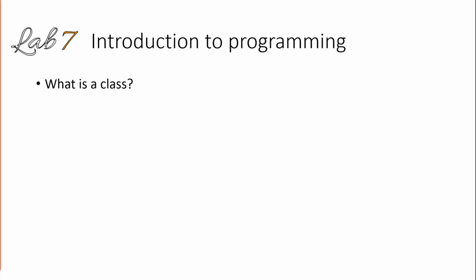So what is a class? As we mentioned earlier, a class is pretty much like a family member. It has its unique name and some characteristics. And in programming, we have methods, and those methods are responsible for doing some actions.